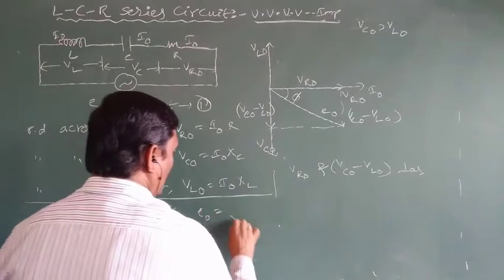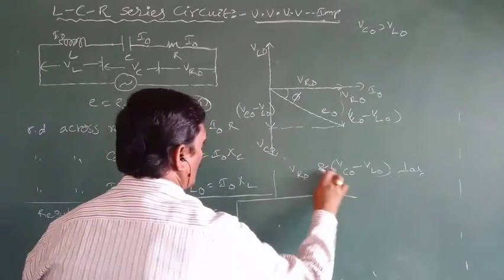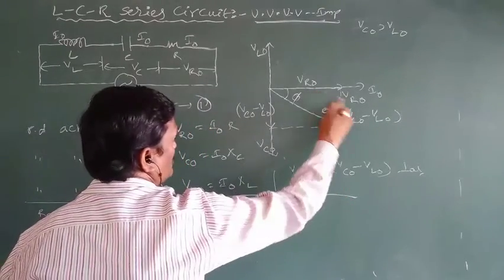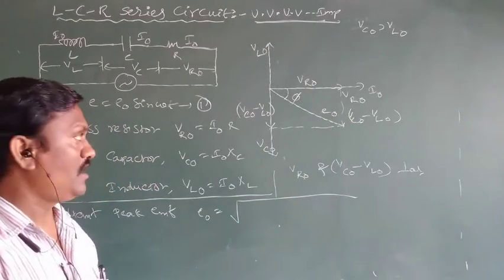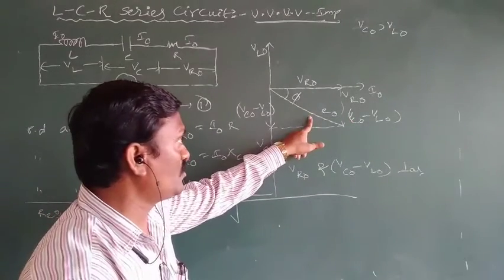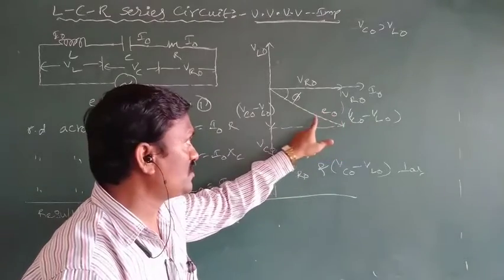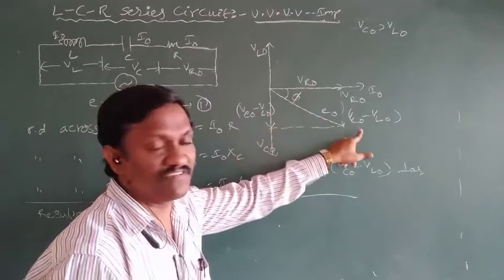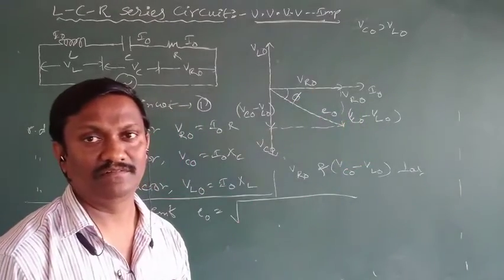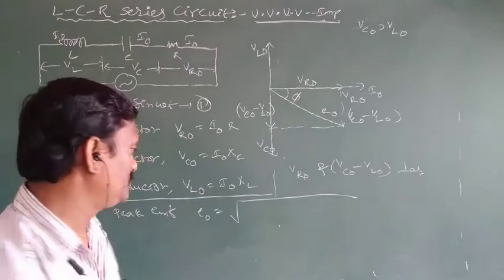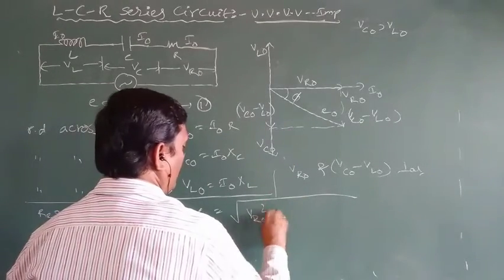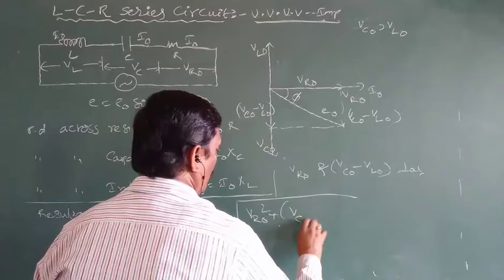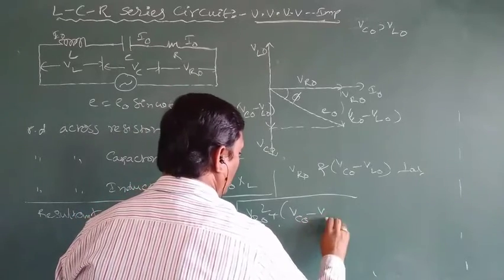Because these two are perpendicular, according to the right angle triangle, hypotenuse square is equal to side square plus side square. E0 square is equal to VRO square plus VCO minus VLO whole square. So E0 is equal to the square root of VRO square plus VCO minus VLO whole square.